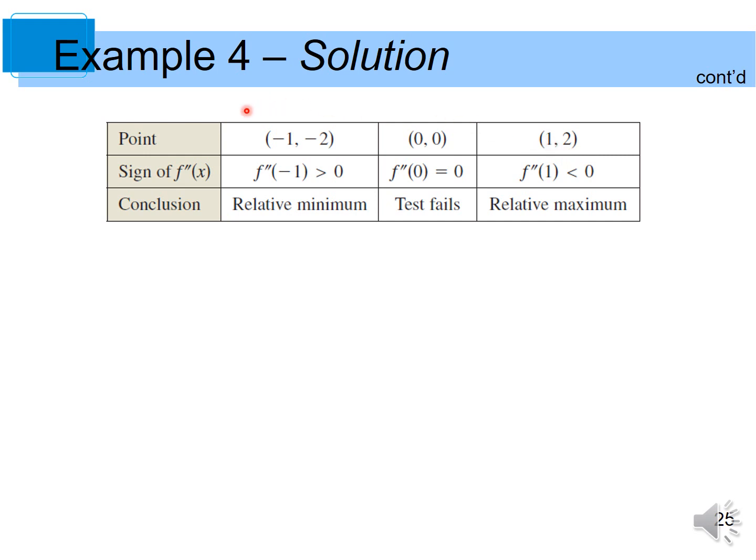To study the extremal points, in your table, the first row is the point, not the interval. And the second row is the sign of f double prime of x. You substitute negative 1, the x value, into the second derivative function. If the value is positive, we say this point, (-1, -2), is a relative minimum.